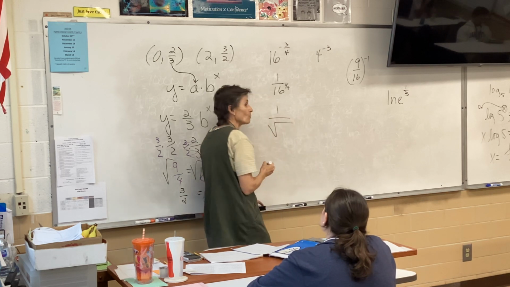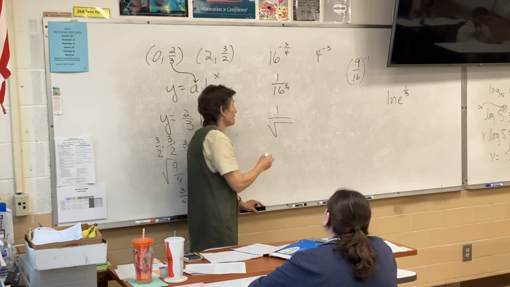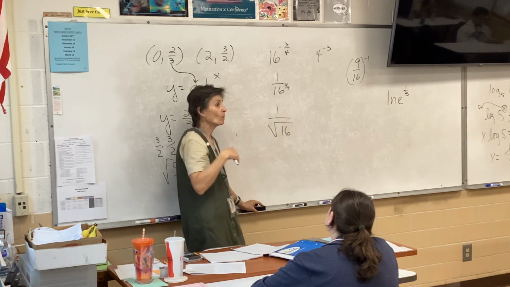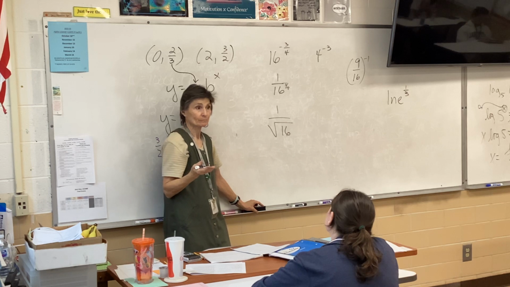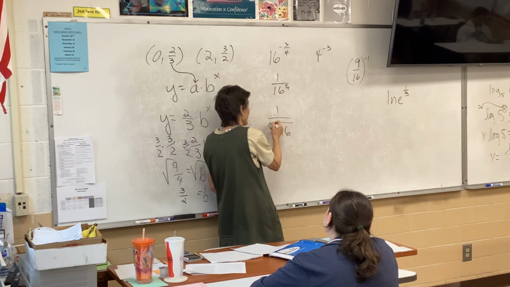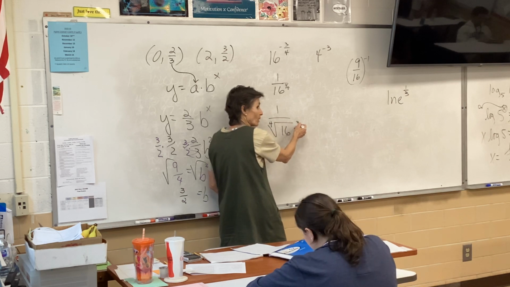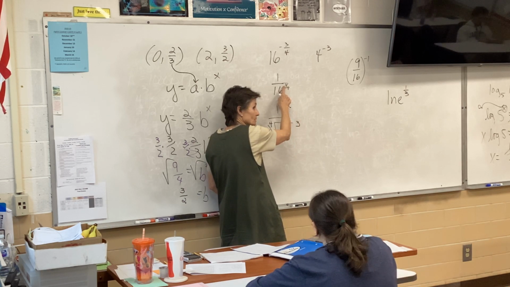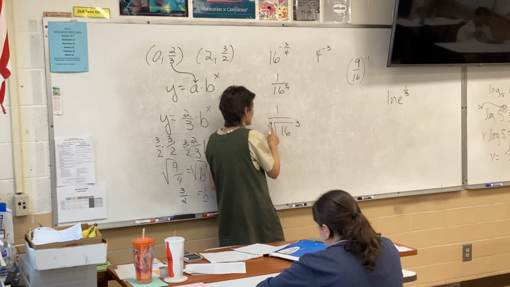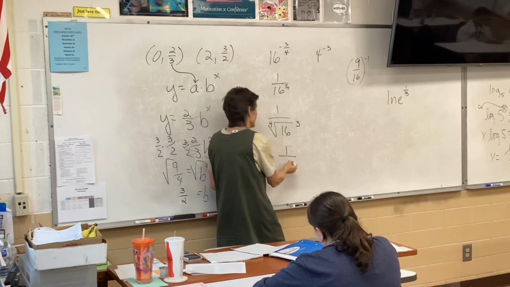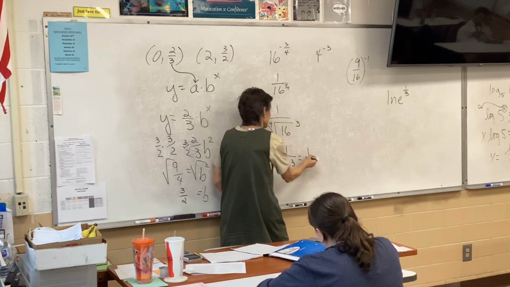So I'm just gonna put a radical down there. The base number is always under the radical. And then the exponent tells me my root and my power. What's the 4th root of 16? 2. And 2 cubed is 8.